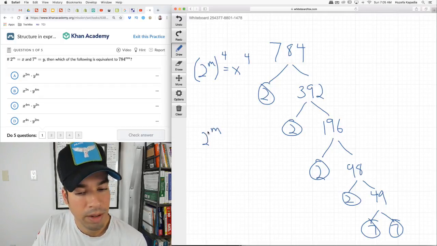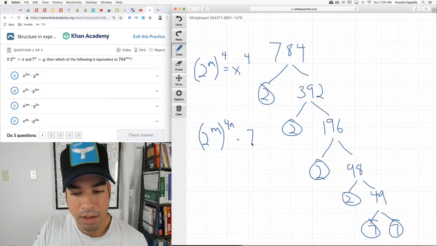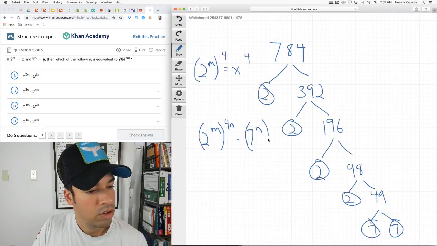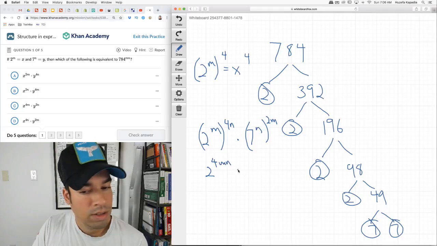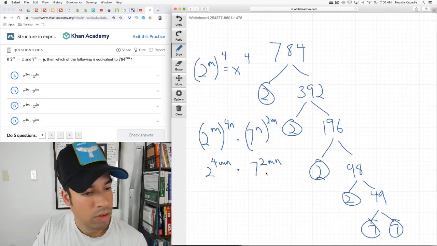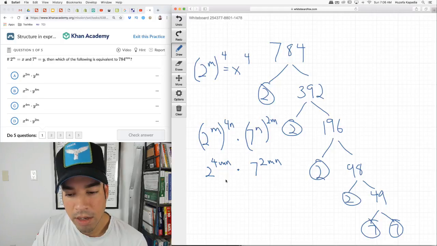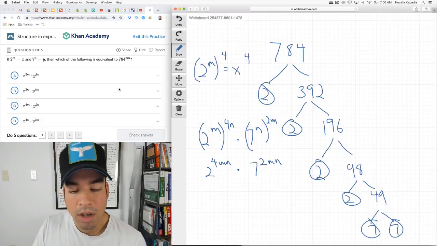This becomes 2m to the 4n times, and then y is 7n to the 2m, okay? Then this becomes 2 to the 4mn times 7 to the 2mn. And then, let's see, how do they combine this? Okay, I get it now.